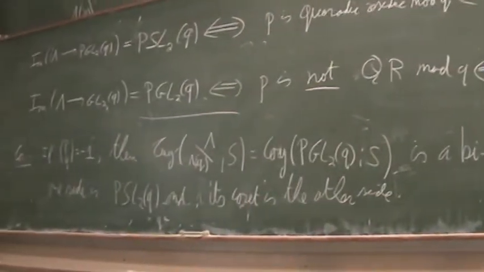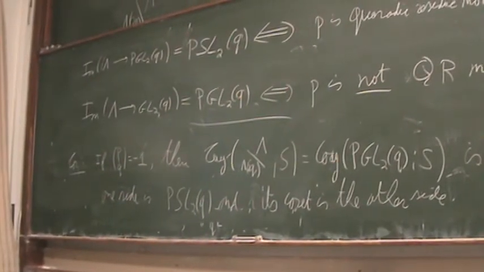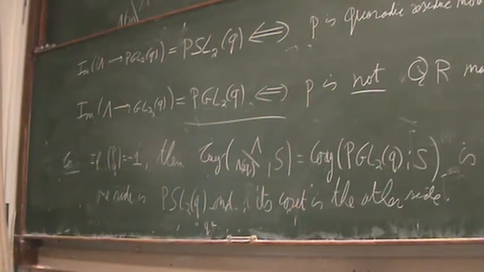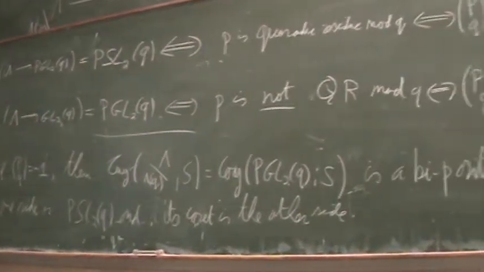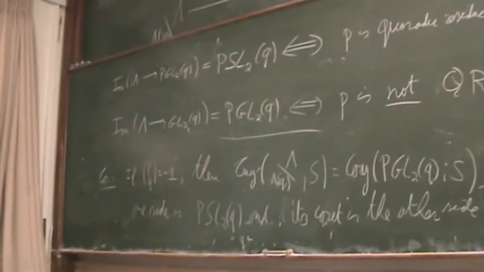All the generators are outside PSL2. That's exactly what we proved here, that all the generators, not just one of them, because all of them are of determinant P, none of them is congruent to SL2 because there is no solution to this equation. All of them are outside, and they go back and forth like ping pong from one side to another. Think about it.